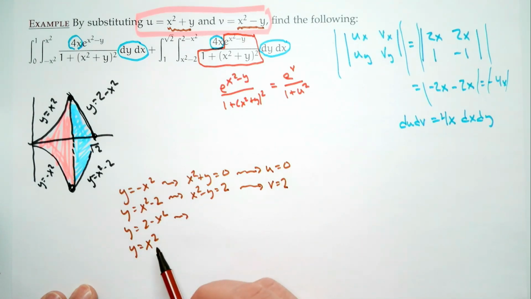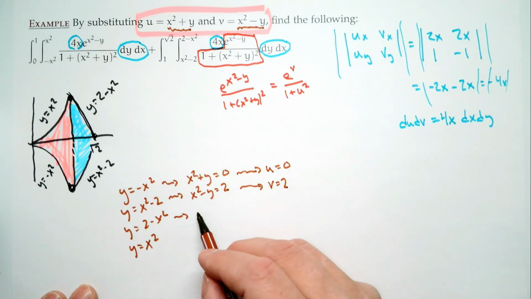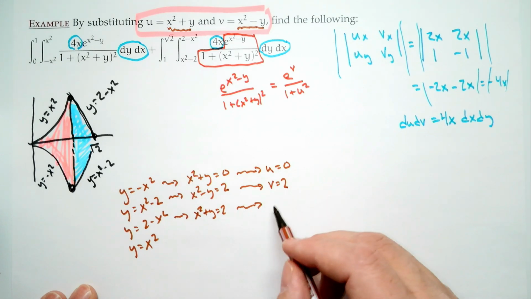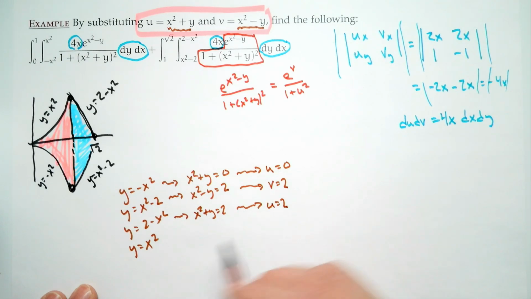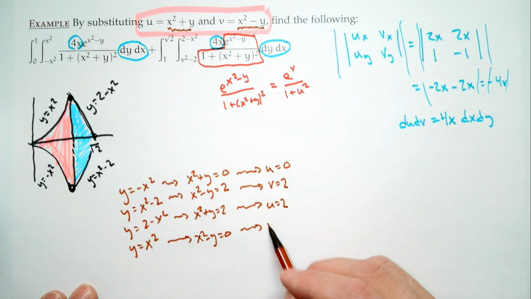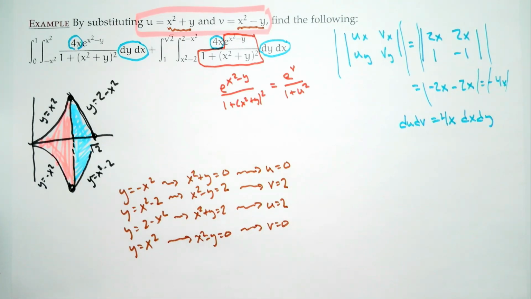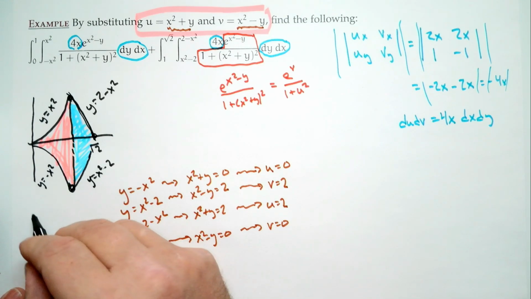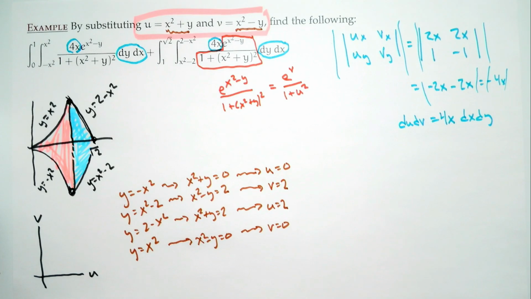Okay, how about here? y equals 2 minus x squared. Add the x squared. x squared plus y equals 2, which tells us u equals 2. y equals x squared, what can we do? x squared minus y, subtract the y, equals 0, which tells us v equals 0. Now, the good news is, in the xy plane, it's these really curved things which are hard, but when we come down here into the UV plane, our curves are really nice.